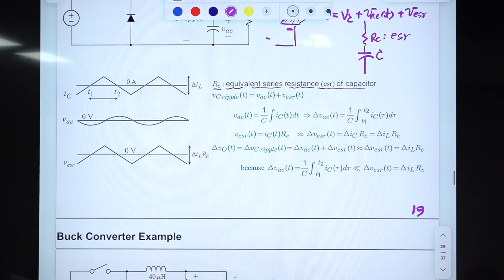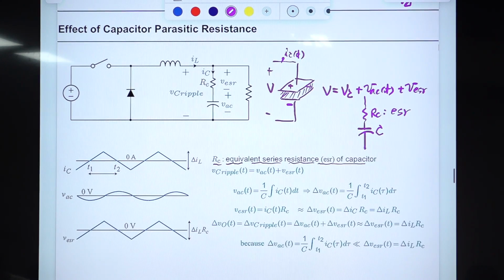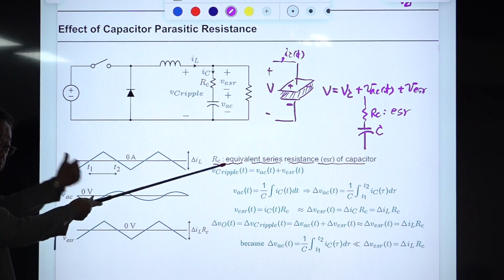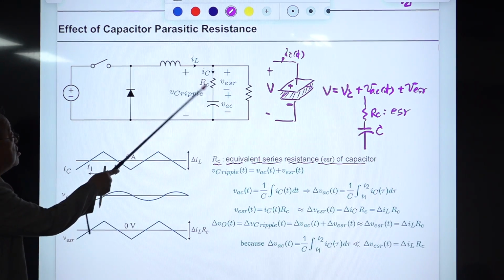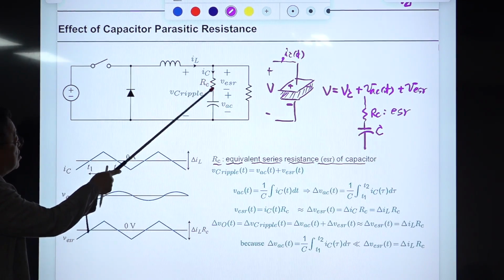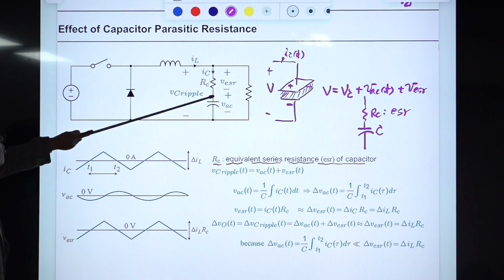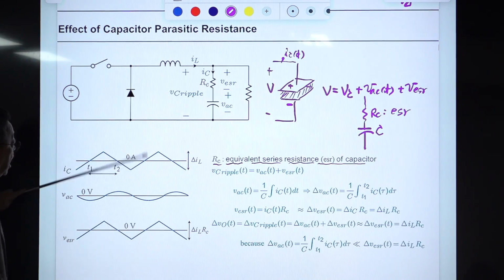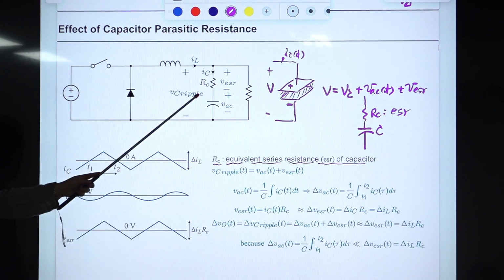Okay, so for this case, the situation is different. IC is this one, but this ripple component, we calculated in the previous lecture slide. This one is new. This is a resistance. Then the ripple component caused by this is IC times what? This RC. This is the resistor.